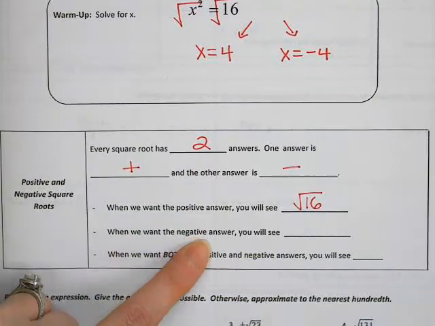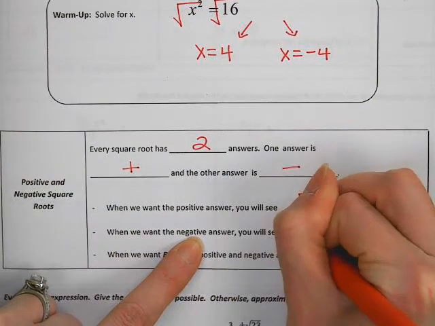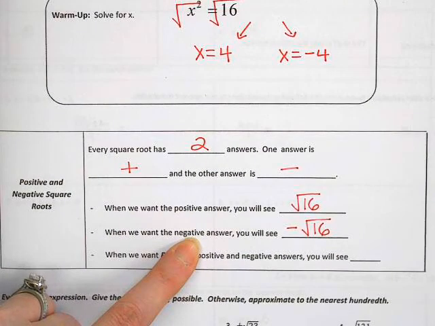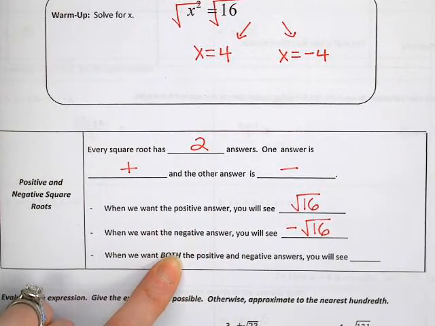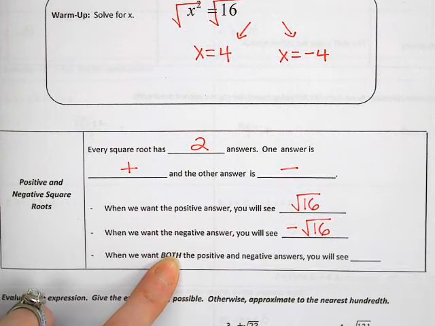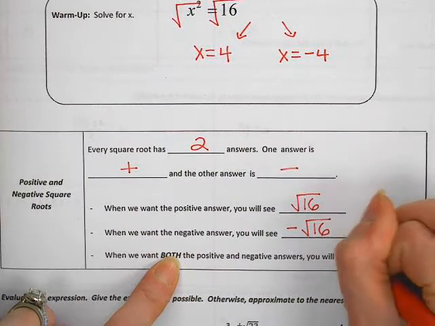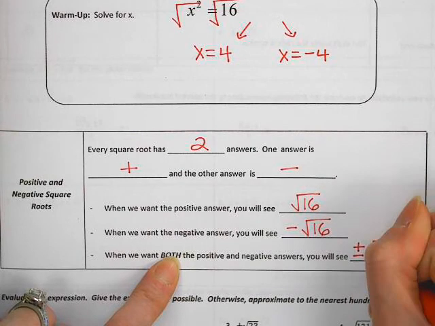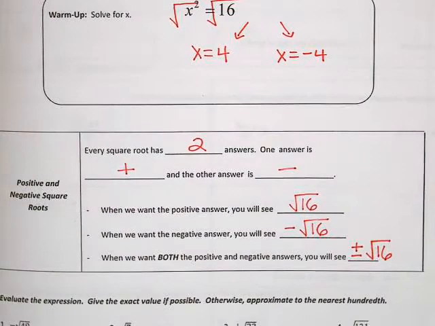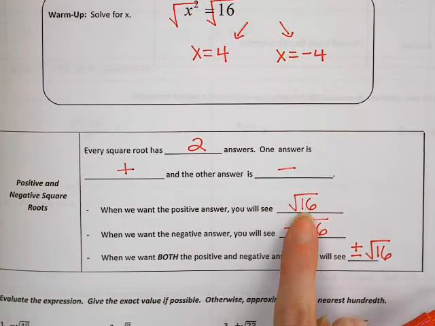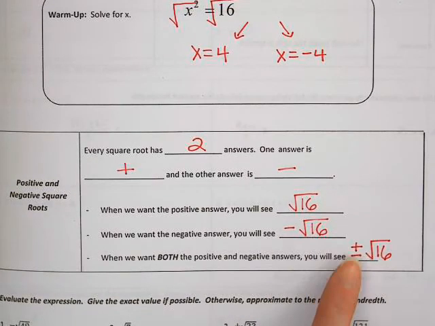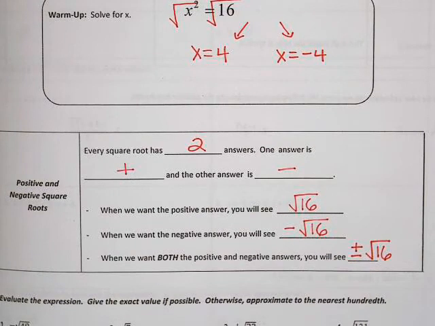When we want the negative answer, you'll see a negative sign out front of it. That'll tell you that they want the negative answer. And when we want both the positive and the negative, you'll see this symbol with a plus and a minus sign, and that means they want both answers. Okay, so just the number's positive, a negative sign, they want the negative version, and then the plus and the minus, they want both.